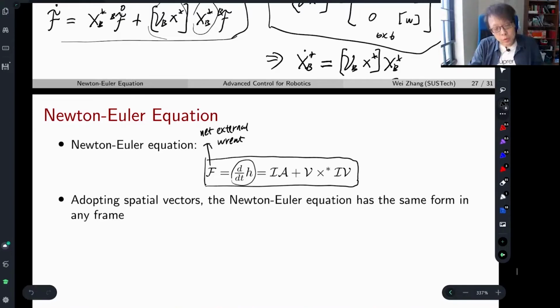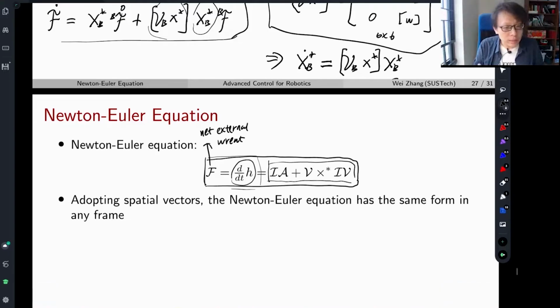All of them will contribute to the change of the spatial momentum. And this is physics. But this particular formula is a really nice formula. You don't need to memorize different formulas for different frames. This is a coordinate-free representation of this physics.